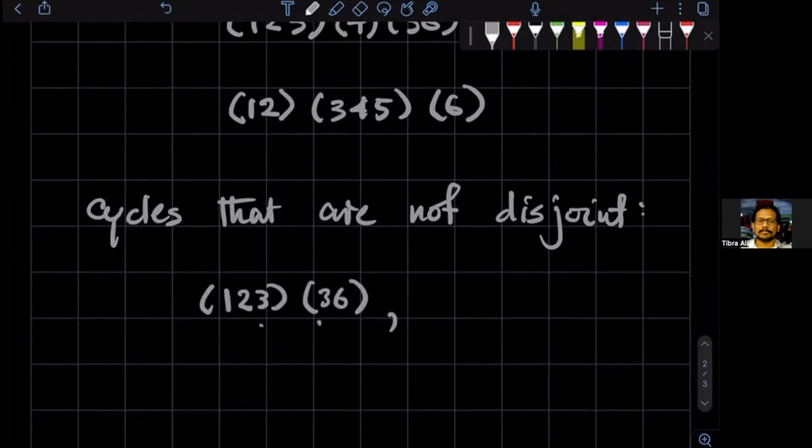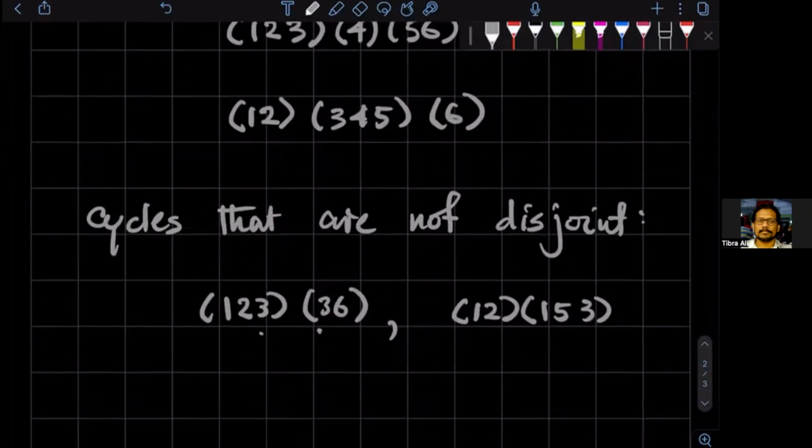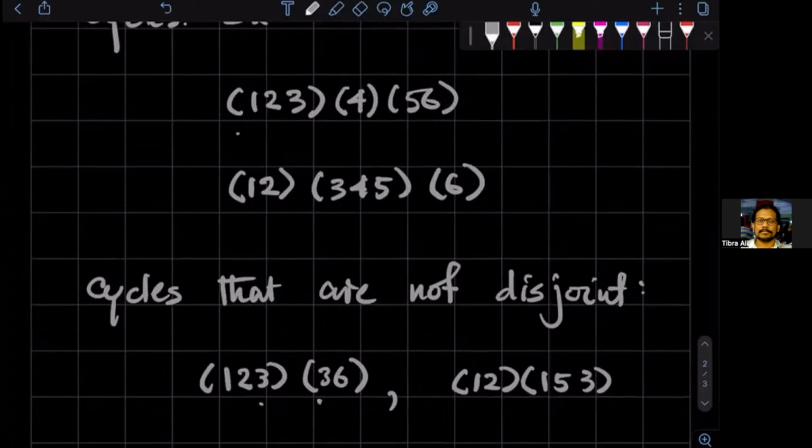Here 3 occurs in both. And the other one would be (1 2)(1 5 3). But we are interested in Sn groups and disjoint cycles of this form. Is that clear?